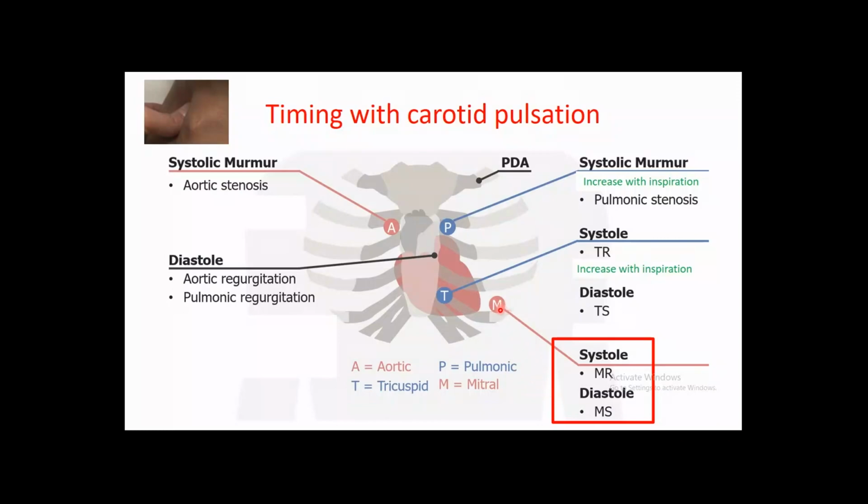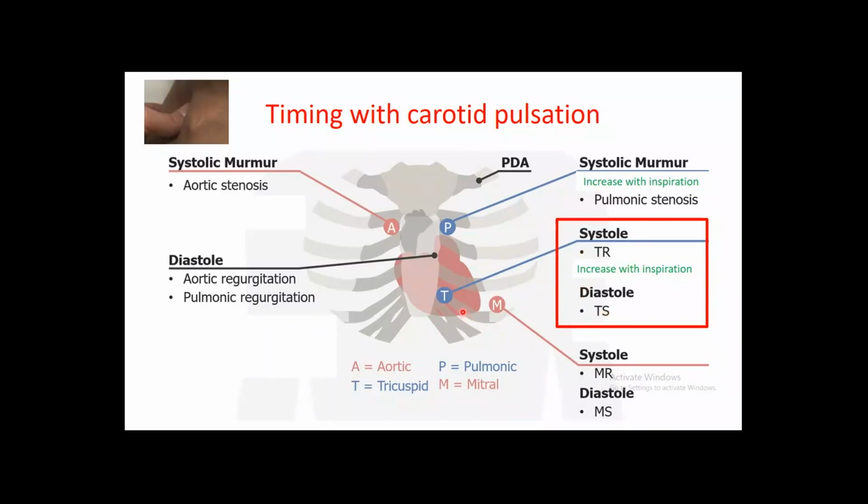So we hear a murmur over the apex, then we time this murmur with carotid pulsation. A systolic one is caused by mitral regurgitation, a diastolic one by mitral stenosis. The same on the tricuspid area. A systolic murmur is caused by tricuspid regurgitation and a diastolic one by obstruction, or tricuspid stenosis.